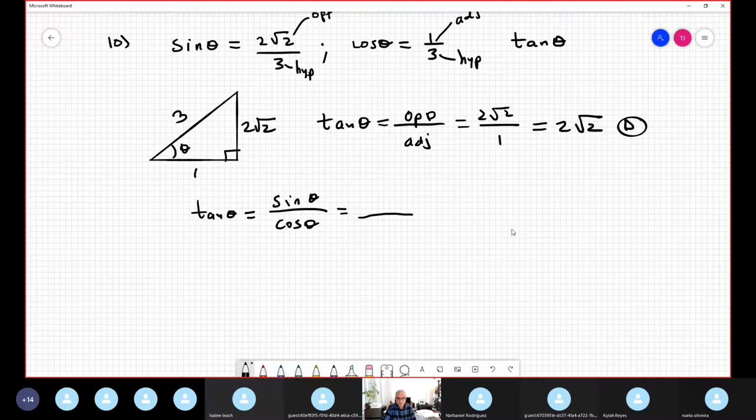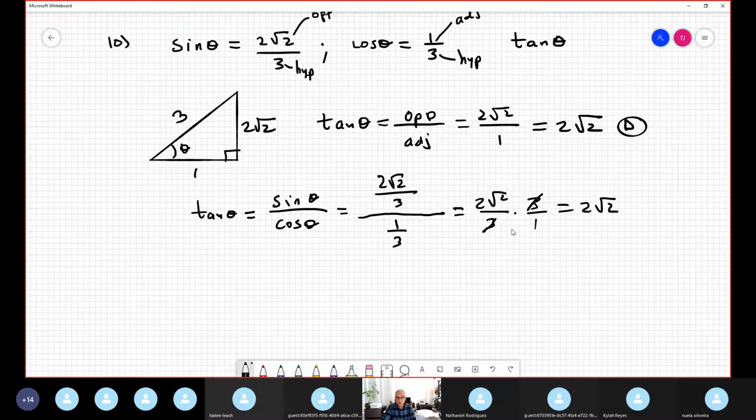That's a division: 2 radical 2 over 3 divided by 1/3. It's easy. This 3 is cancelled. Another way is 2 radical 2 over 3 times 3 over 1, because in division you flip that fraction. This 3 is cancelled out, the answer is 2 radical 2. Either way, using identity or using triangle.